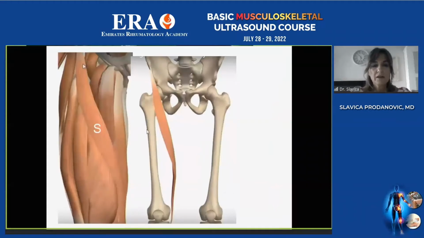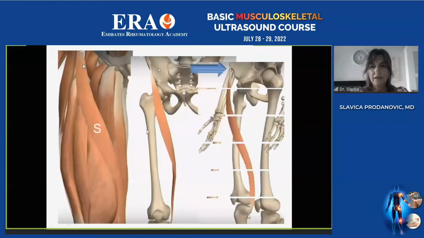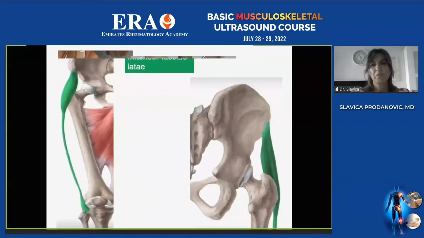Then we have the sartorius muscle. The sartorius muscle has a proximal attachment at the anterior superior iliac spine, and a distal attachment at the level of the tuberosity of the tibia. And as you may know, this tendon of the sartorius muscle together with the tendon of the gracilis muscle forms the pes anserinus structure.